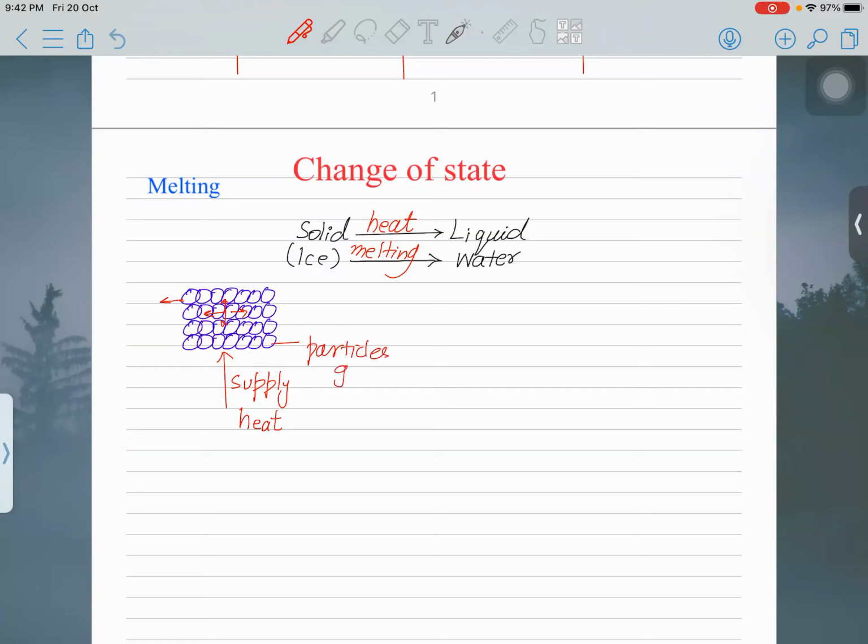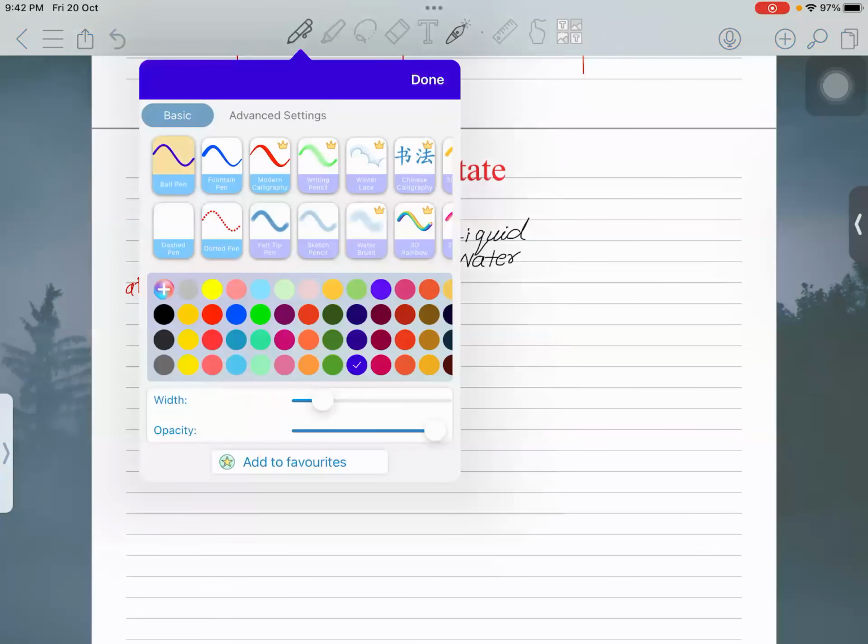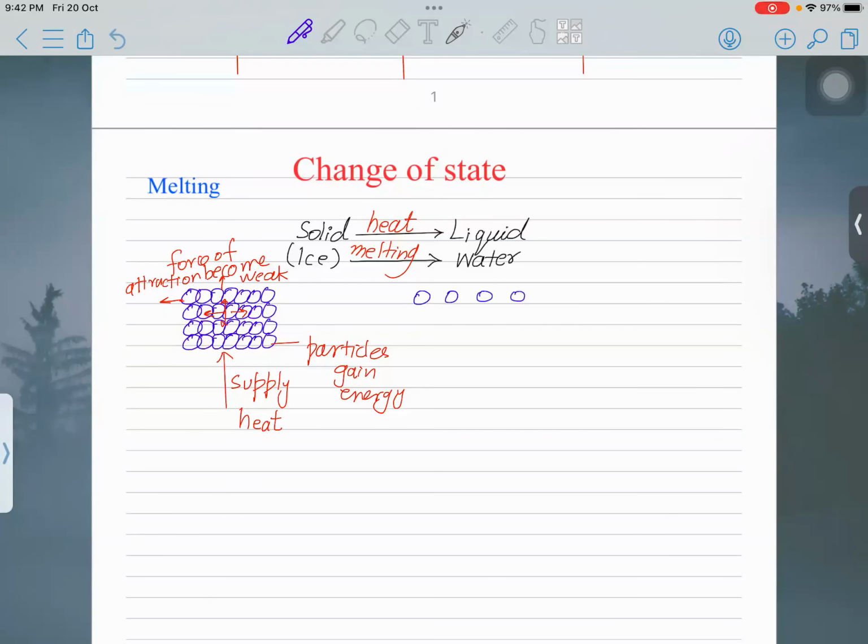Particles gain energy, which is provided in the form of heat. So force of attraction become weak. So they move further apart. So attraction is finished. This is liquid.